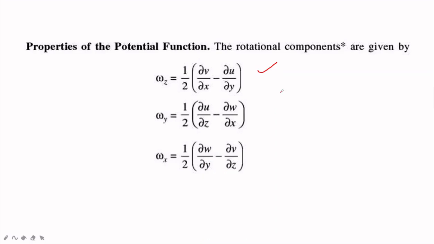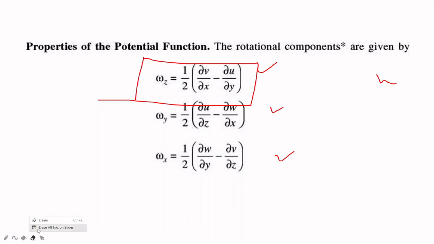So these are the values of omega x, omega y, omega z, that is, the rotational components, rotation along its own axes. So for rotational components you have to use these values. How to write the formula? Omega x is half into dou w by dou y minus dou v by dou z. So it is cyclic. If you remember one term, it is enough.